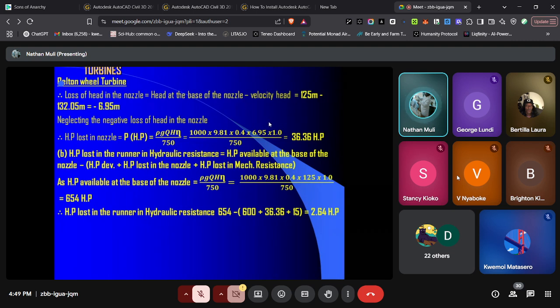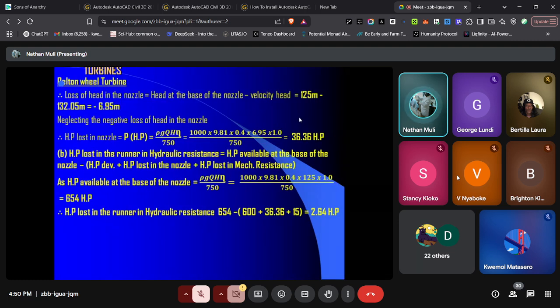That is 654 horsepower. Therefore, horsepower loss in the runner in hydraulic resistance is equal to 654 minus 600 plus 6.36 plus 15, and that leaves you with 2.64 horsepower.